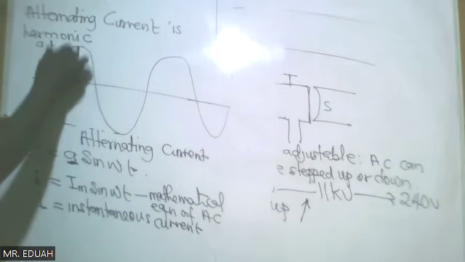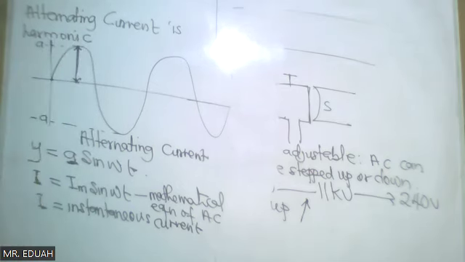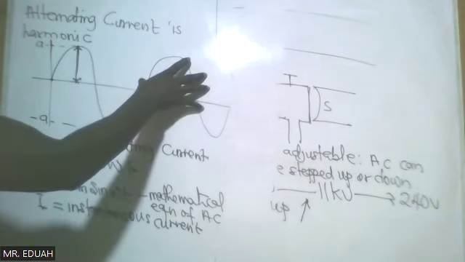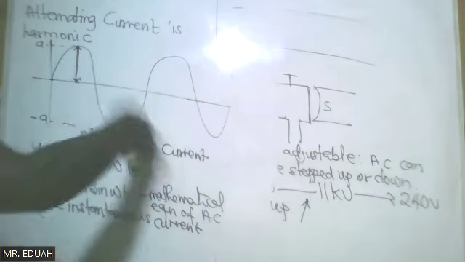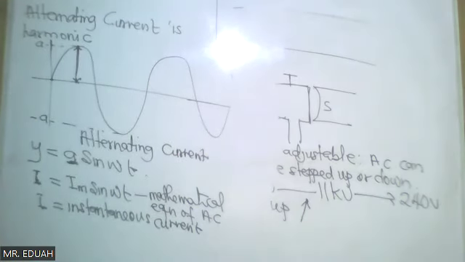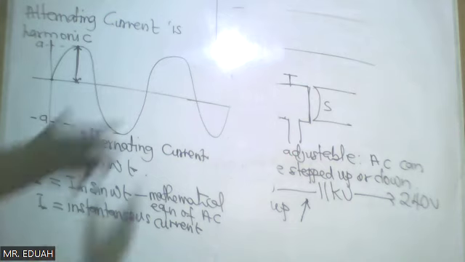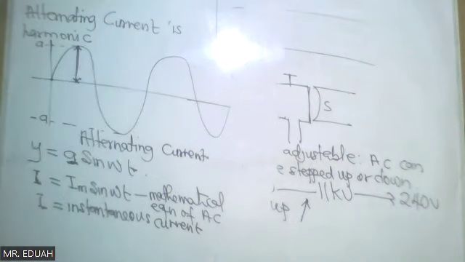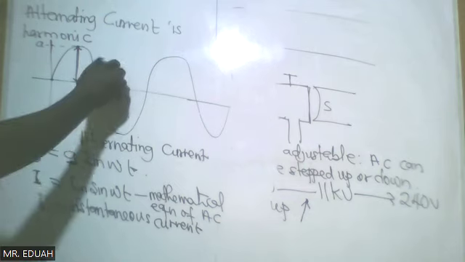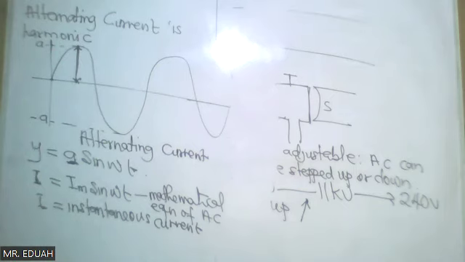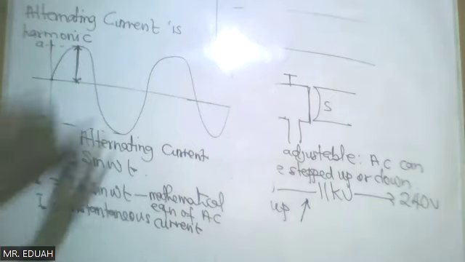Mr., hello, teacher, please can you slow down and explain it again? Okay. Graphically, AC is represented as a sinusoidal curve, because it's a harmonic function. Now, mathematically, how do we represent this equation?